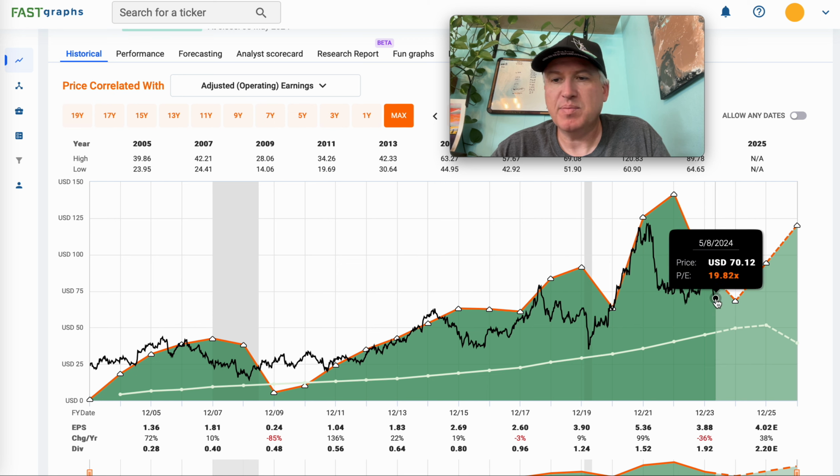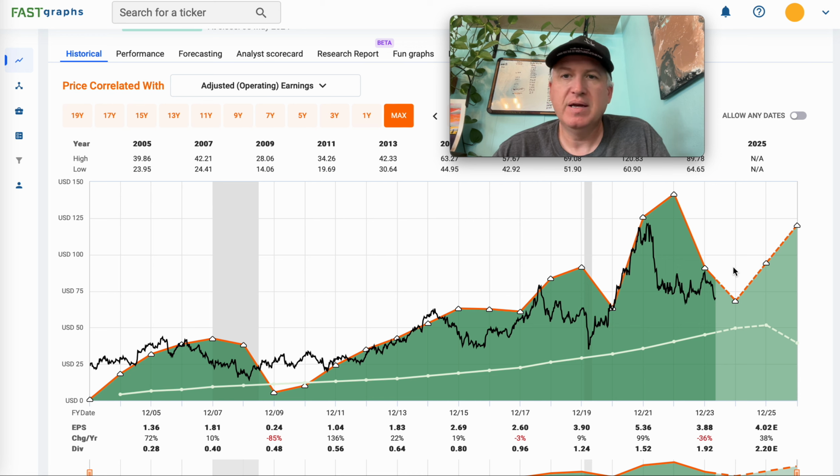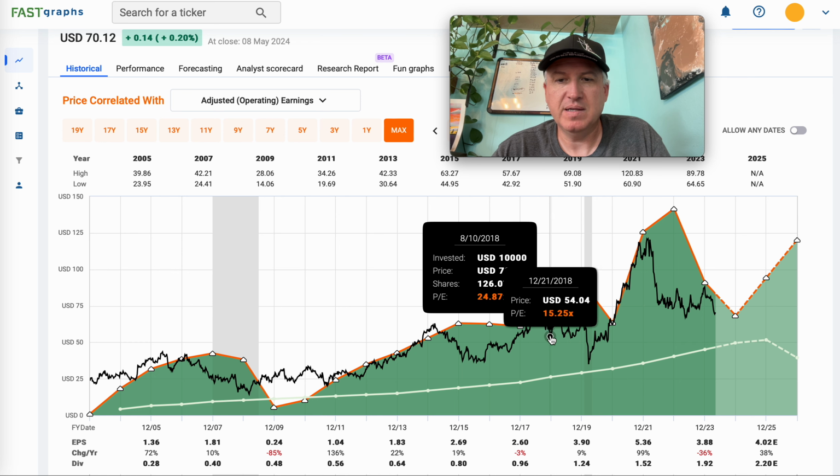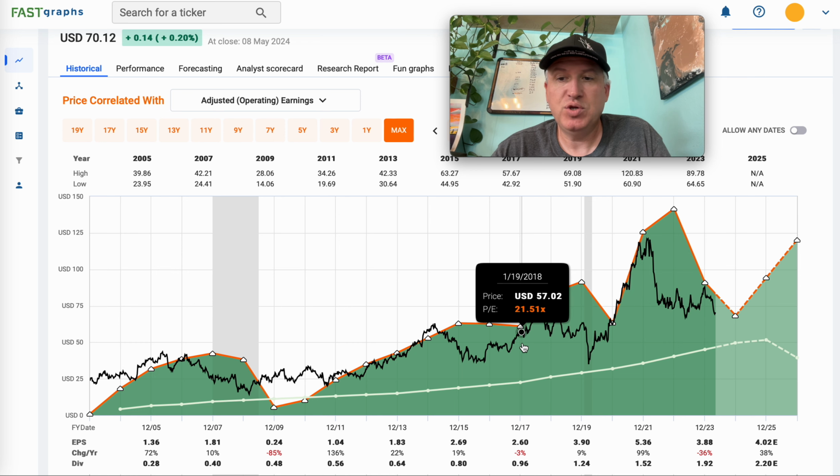So let's say the PE is 20 here. If it recovers here, and earnings were still down low, you would see that really high PE ratio. You want to totally ignore that in this case. But the prices of these can fluctuate a lot. If we go back to even this downturn, let's say somebody bought here, after maybe a 32% decline.